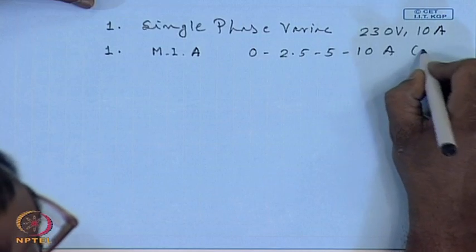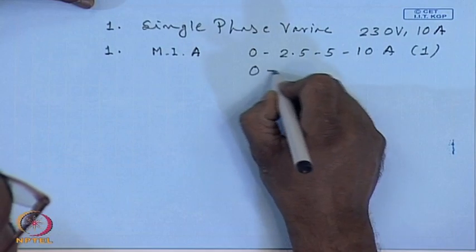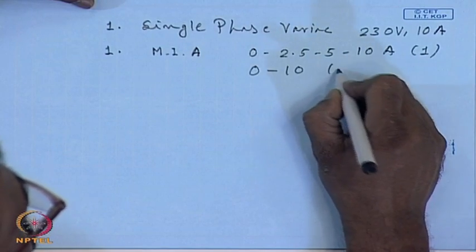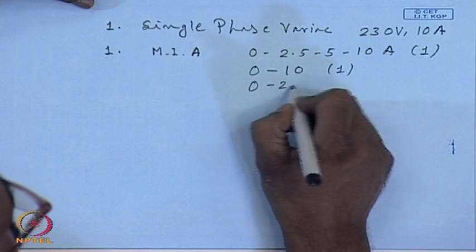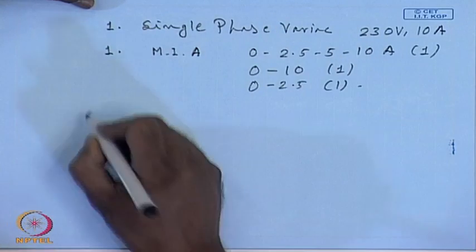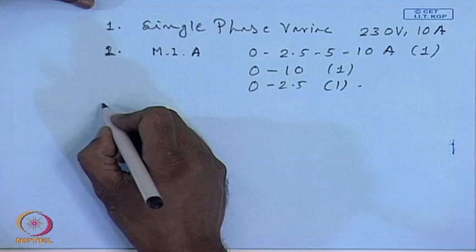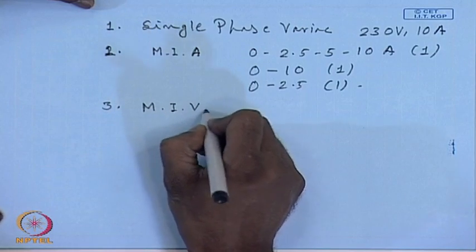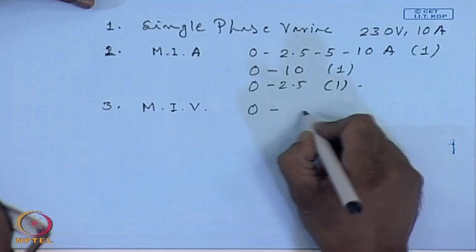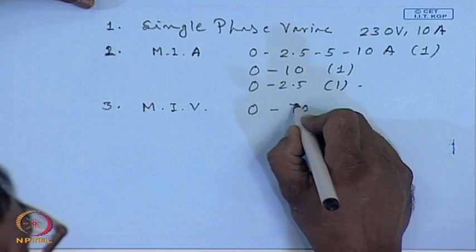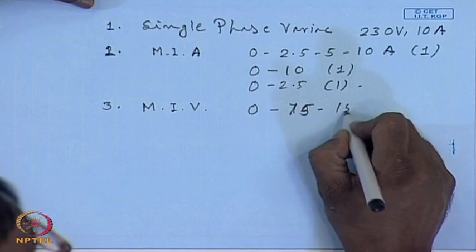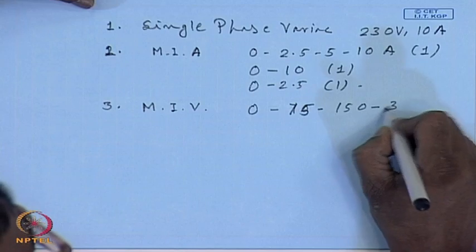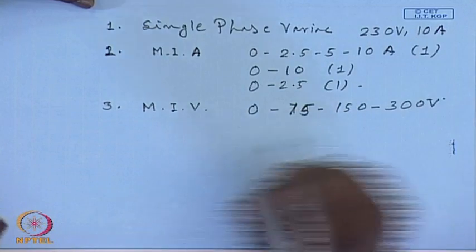If it is available, then one, otherwise you will have to get a 0 to 10 ampere one and a 0 to 2.5 ampere one. Voltmeter: you can again choose 0, 100, 0, 75, 150, 300 volts. This is a normally available voltmeter.